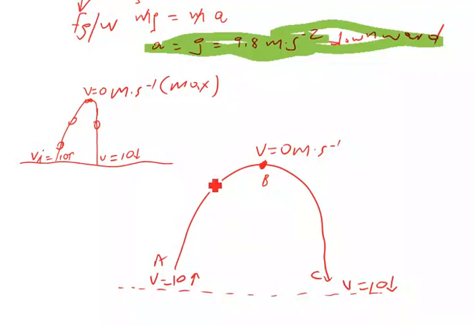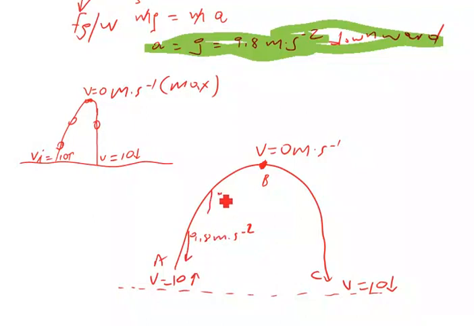We said the acceleration is constant, which means here the acceleration is 9.8 meters per square second, and this acceleration is always downwards.